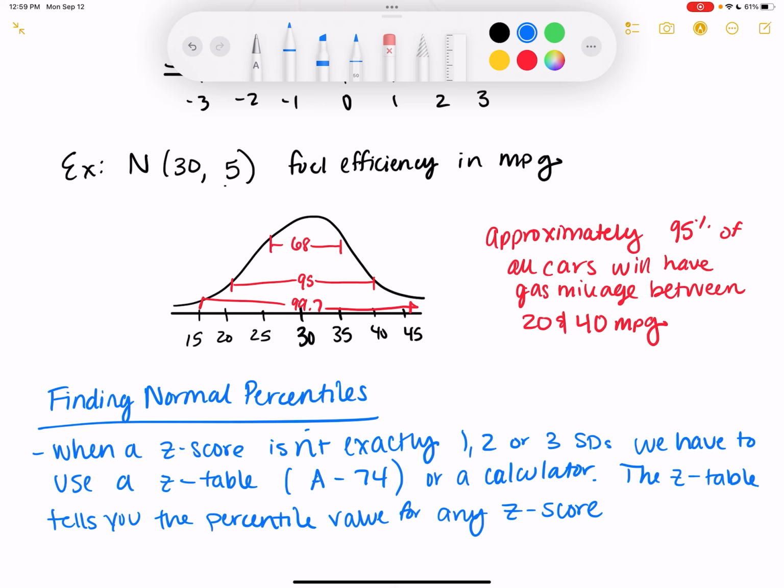And what I do for quizzes, tests, whatever, is I will actually print out the Z table out of the book and give you one.